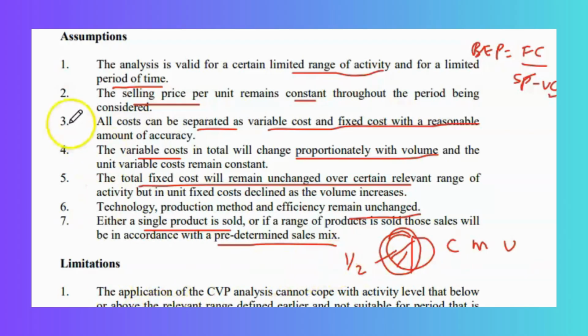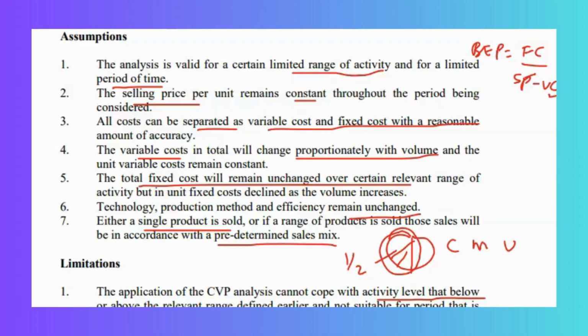So whatever assumption here, it will be a limitation. Okay. For example, the analysis is valid for a limited range. That's why the limitation is that CVP analysis cannot cope with activity levels below or above the relevant range. Let's say this analysis can be used for production of 50,000.